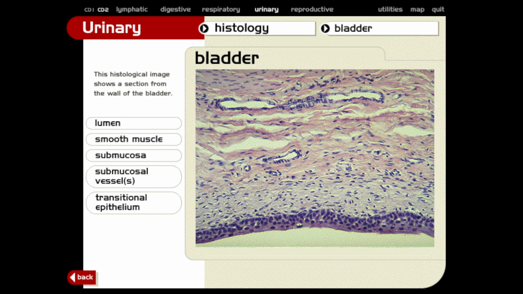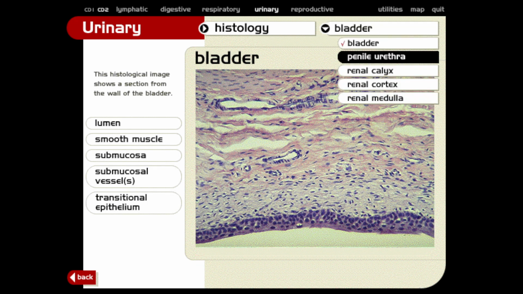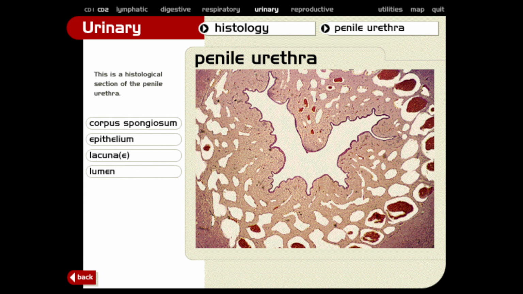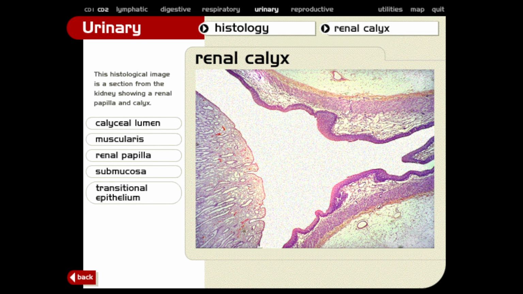This histological image shows a section from the wall of the bladder. This is a histological section of the penile urethra. This histological image is a section from the kidney showing a renal papilla and calyx.